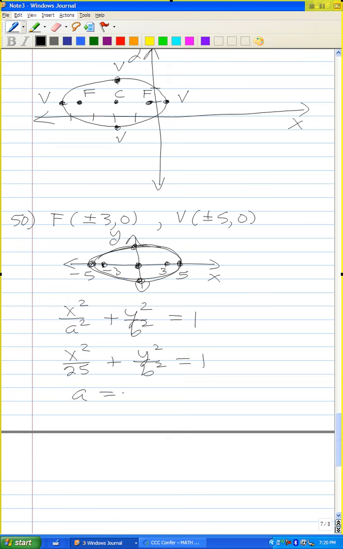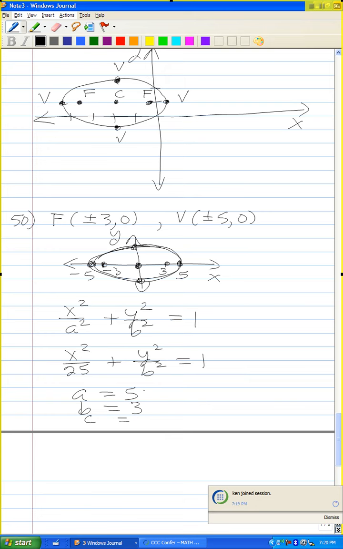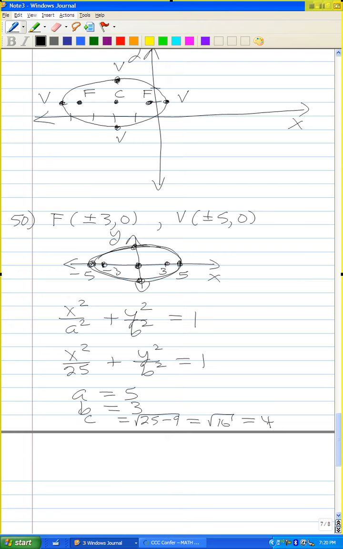So A is 5, B is 3, C is equal to 25 minus 9, 16, 4. So C is 4. Okay, wait, I don't know what B is. I should have written it the other way around.